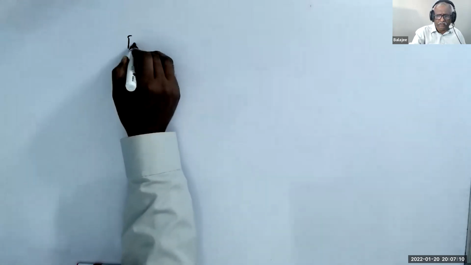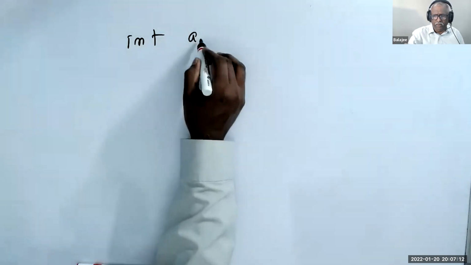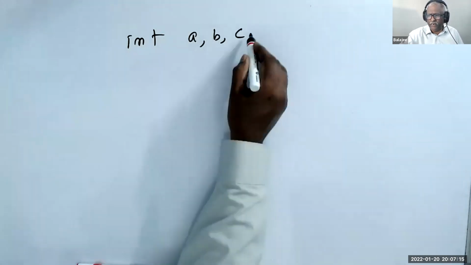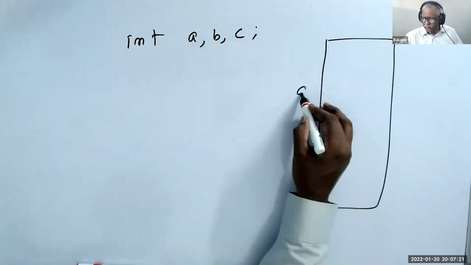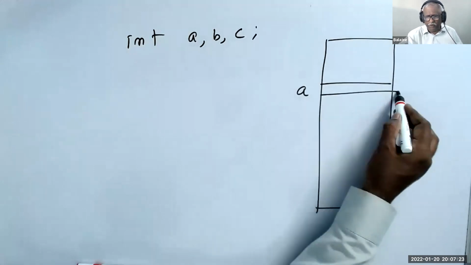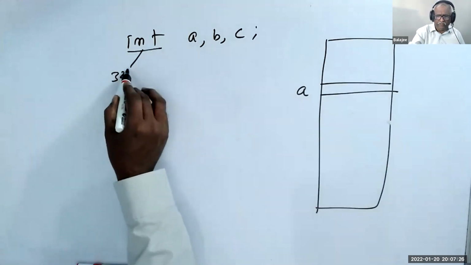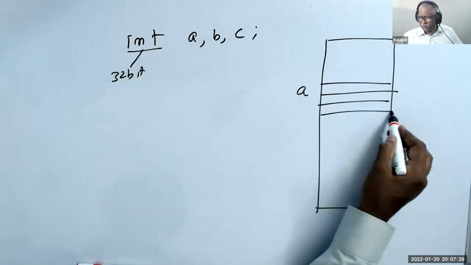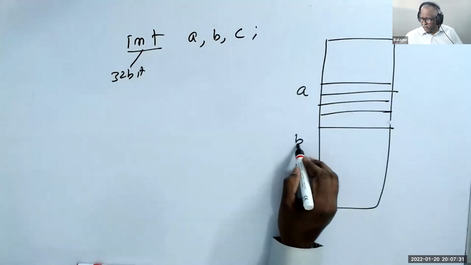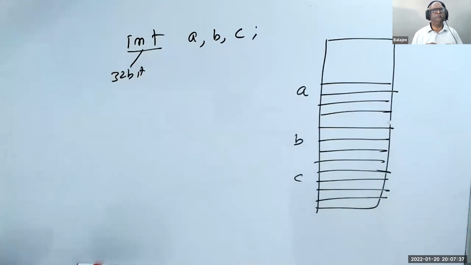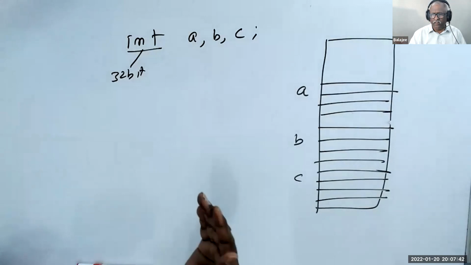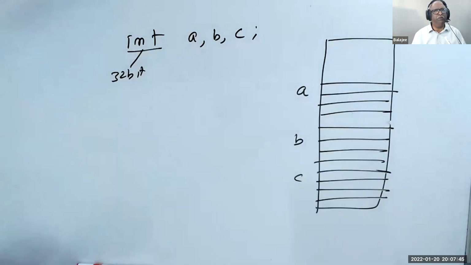We declare int A, B, C. That means that inside the memory, it allocates one space for A. The size will vary depending on the integer, let's say 32-bit, then it allocates 4 bytes for A, 4 bytes for B, and 4 bytes for C. That's the way it works. Your C compiler allocates the space, and we call this the address.